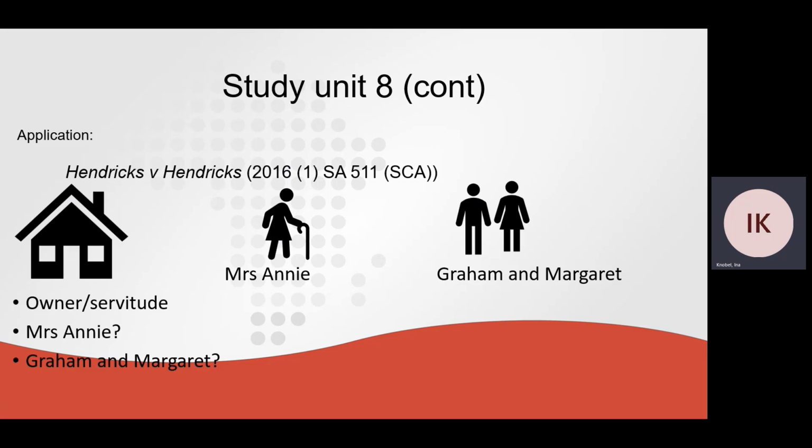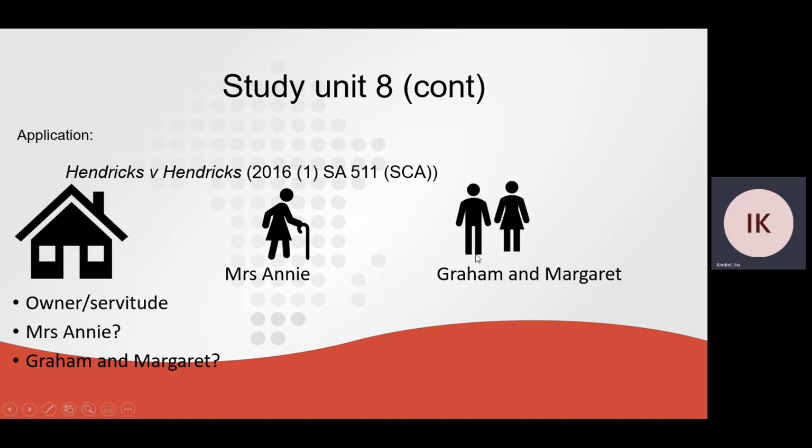Remember that ownership, which in this case was Graham, but they were married in community of property, but we can just say Graham and Margaret owned the property, just to keep it simple. Of course, there was some breakup in the relationship, but that's not really relevant for the explanation.